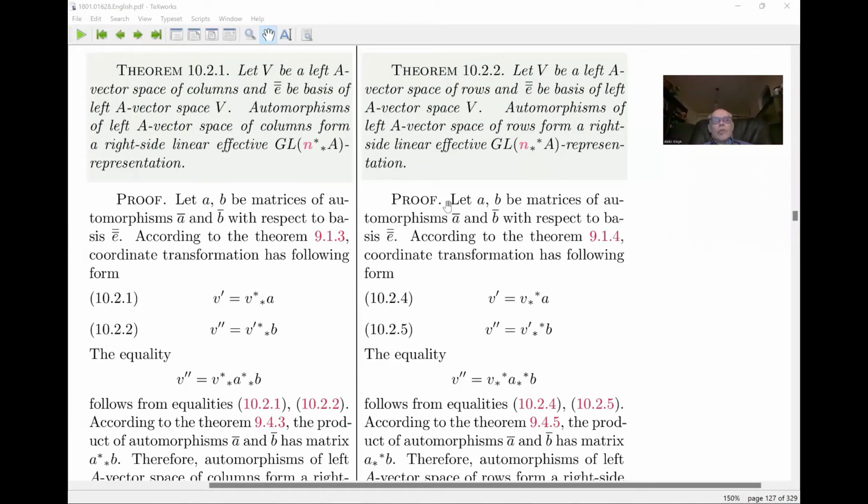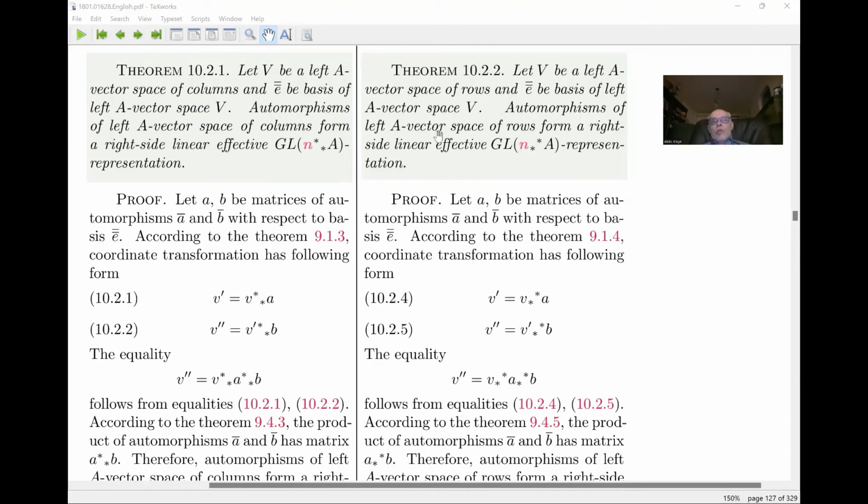Summarizing the statement that we got above, we can prove the theorem. Let V be a left vector space of columns, and E the basis of left vector space V. Automorphisms of left vector space of columns form a right-side linear effective representation of group GL(CR, A). A similar theorem is true for left vector space of rows.